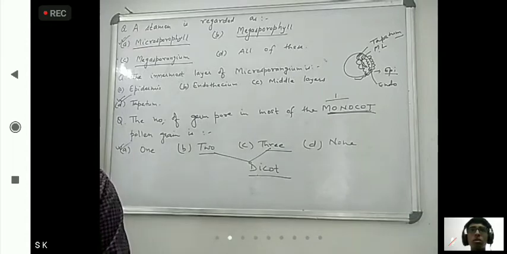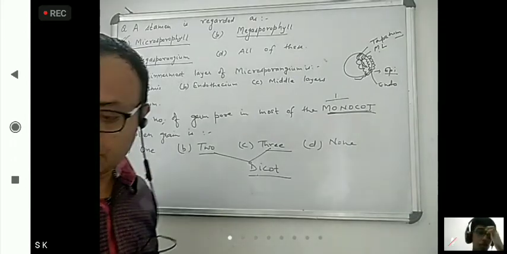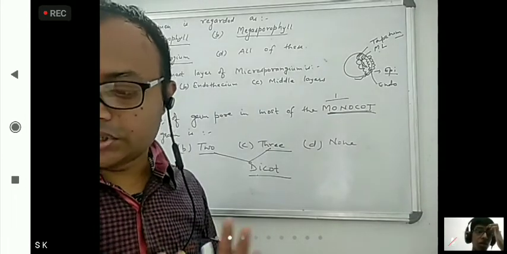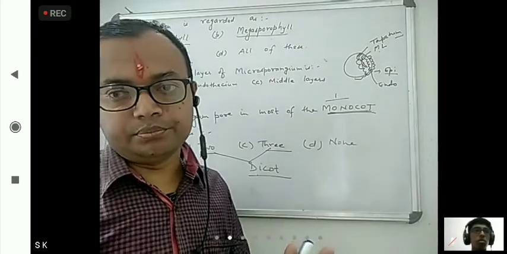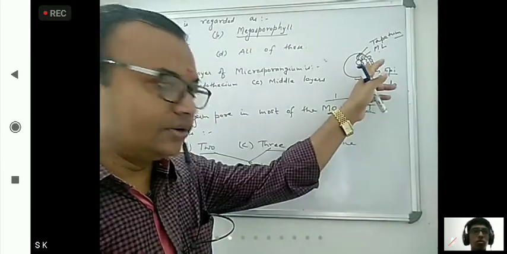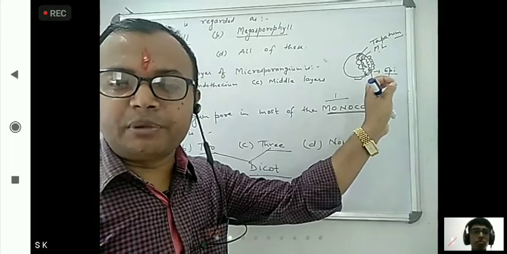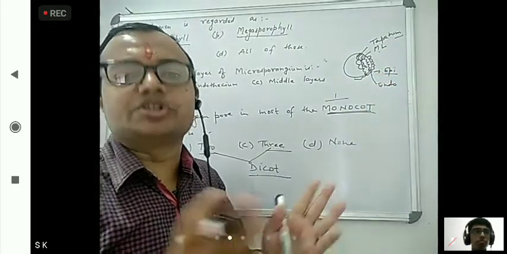Okay. Now next question is about the fibrous band on the cell of endothecium. Endothecium we know contains fibrous bands, okay, that help in dehiscence of anther.